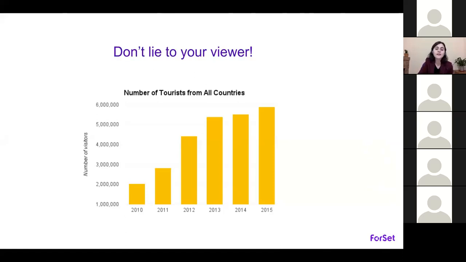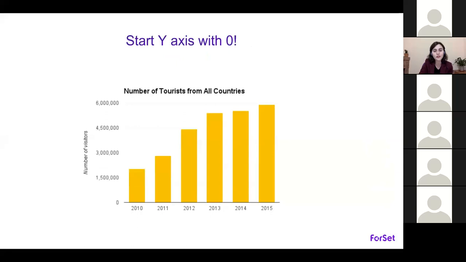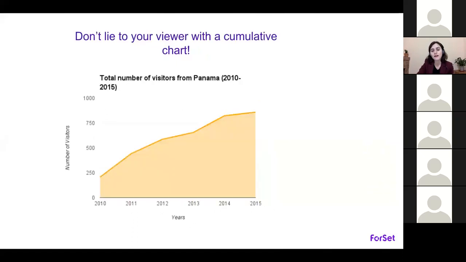But very often, even spreadsheet programs do this, like Google Sheets or Excel charts, because the parts of the columns that are the same for each column are taken out from the chart. And we need to be careful not to lie to our viewers.